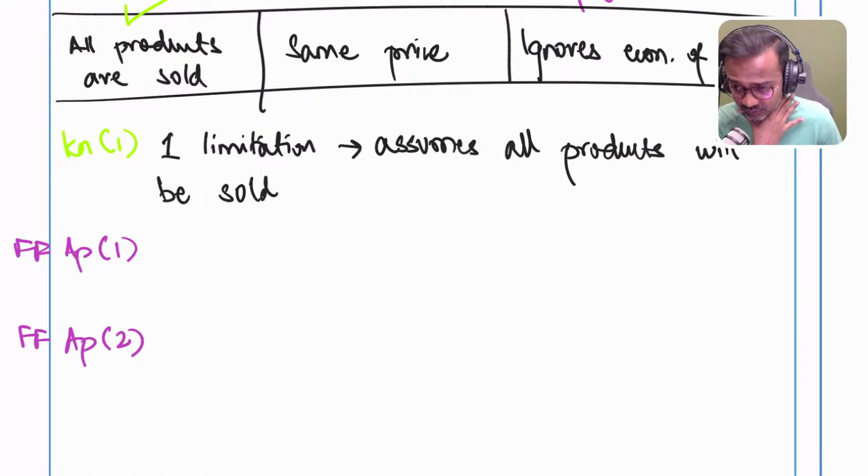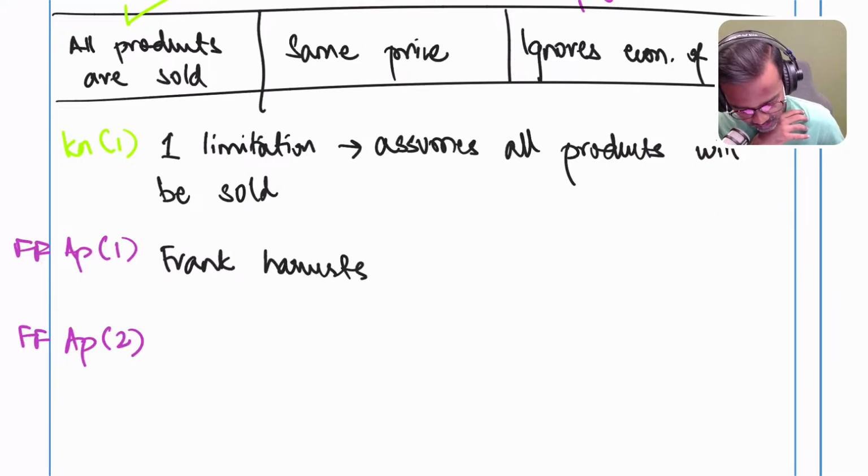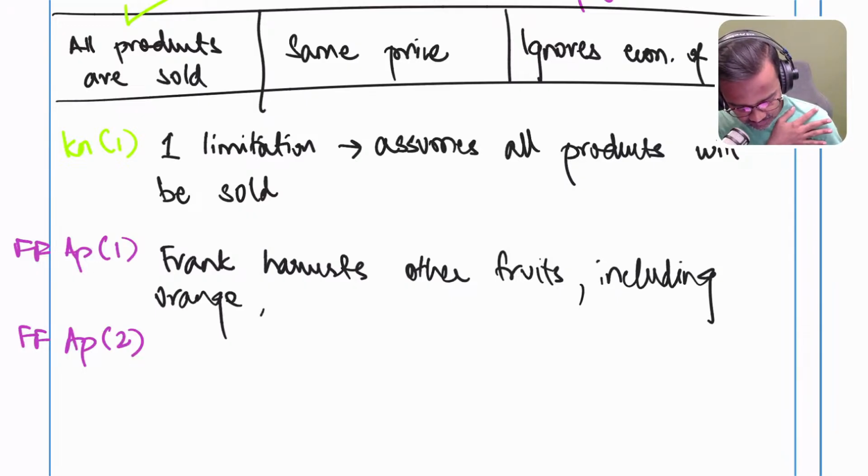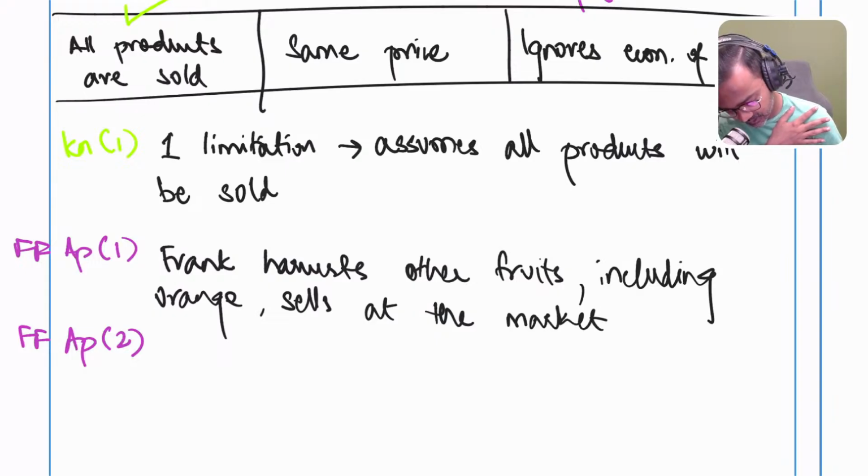Okay, so if we talk about the first one, where the assumption is that all products are sold, so you will say that Frank harvests other fruits, including oranges, and sells at the market, right? So first set up the situation.